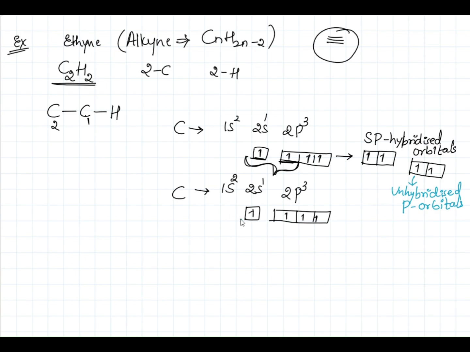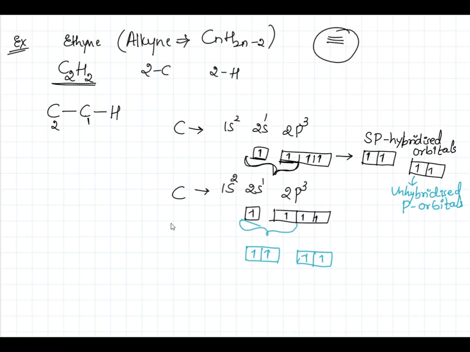Similarly, in the other carbon, one 2s orbital and one 2p orbital combine to form two degenerate sp hybridized orbitals, along with two unhybridized p orbitals.